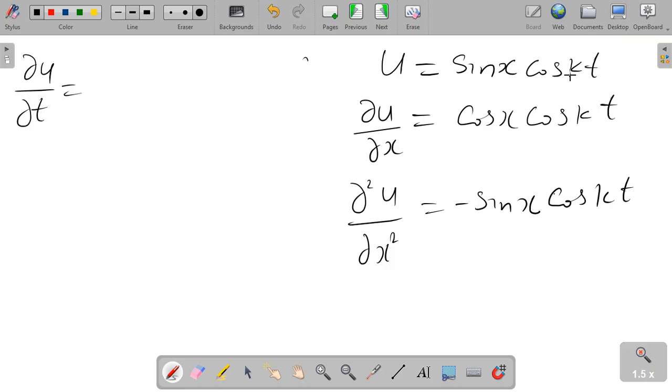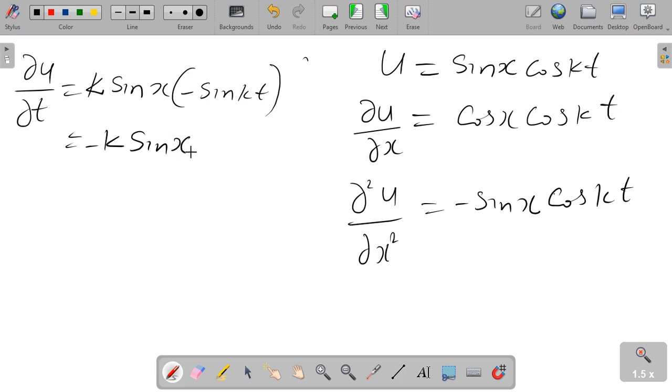Multiply everything, so it's going to give me k sine x, I'm leaving this the way it is. Then differentiation of cos will give you minus sine, so I'm going to have minus sine kt, which will give you minus k sine x sine kt.